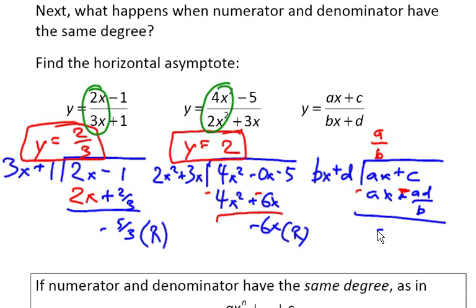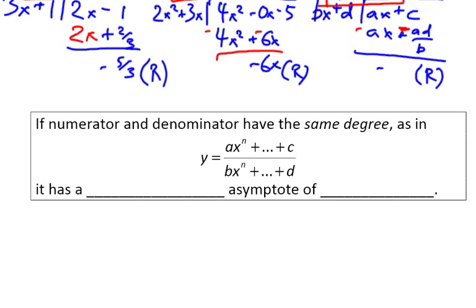This leaves us with a constant, and so that is our remainder. So there we have it. If the numerator and denominator are the same degree, then the horizontal asymptote is going to be the lead coefficient over the lead coefficient.